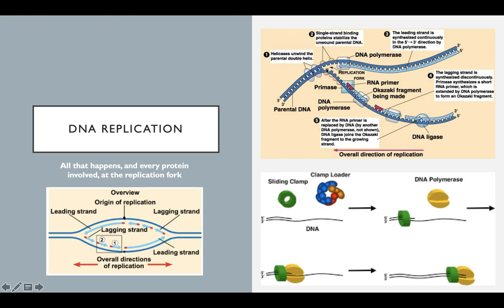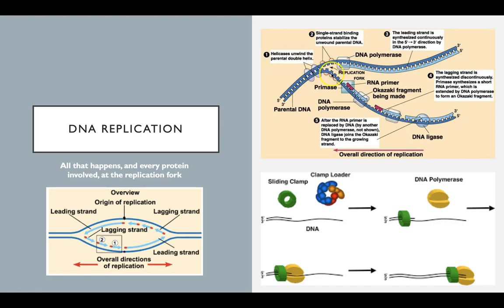The replication forks will form on either side of the replication bubble and move away from each other in opposite directions. The replication fork is able to move forward due to DNA helicase binding to the replication fork. In this image, we have helicase right here, unwinding this DNA.